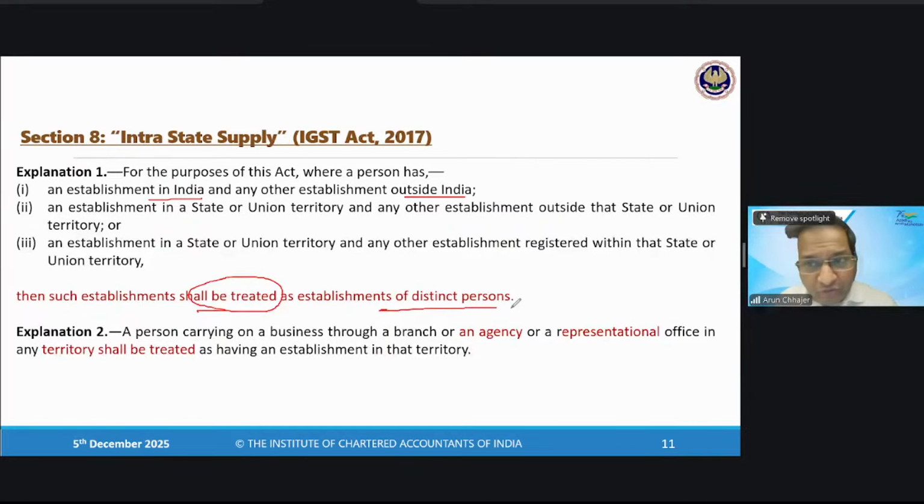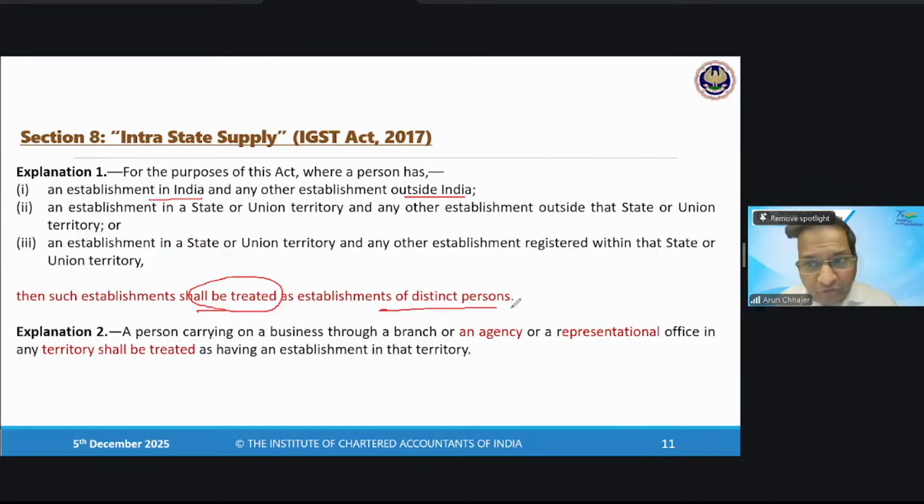Okay. Now read explanation 2 and club it with explanation 1. Explanation 2 is nothing but a subset of explanation 1. What does explanation 2 say? A person carrying on business through a branch, agency, or representational office shall be treated as having an establishment in that territory.